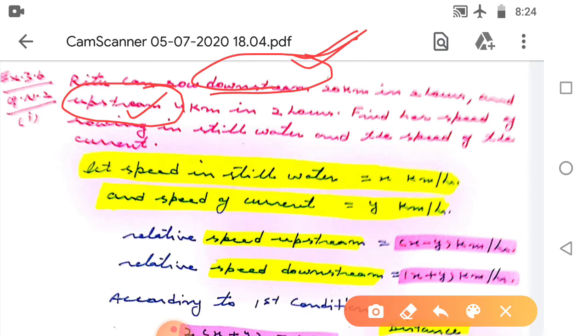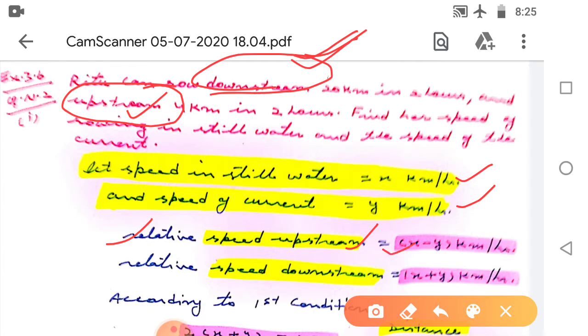Now, relative speed upstream. Okay, so look, water is flowing with y kilometer per hour and speed in still water is x kilometer per hour. So upstream against the water, what is the actual speed now?